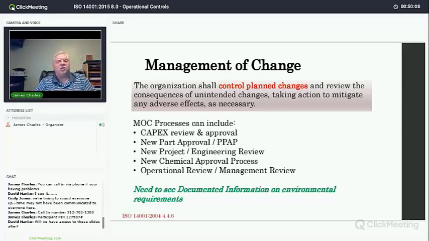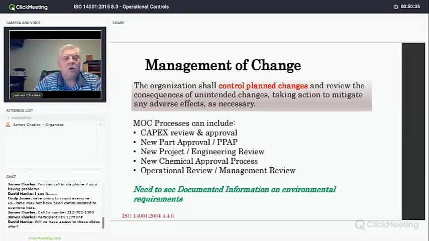Many organizations have an engineering change or an engineering review process for projects and engineering changes. Again, hopefully, we should see some evidence there that you've looked at environmental changes. Again, the big thing that we're looking for is, has it or will it impact our significant aspects?